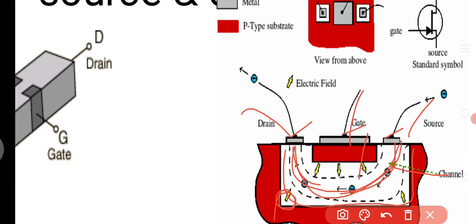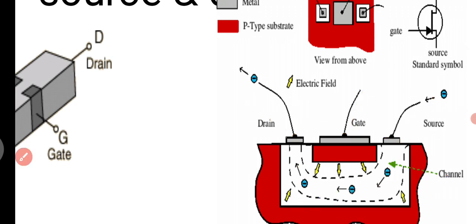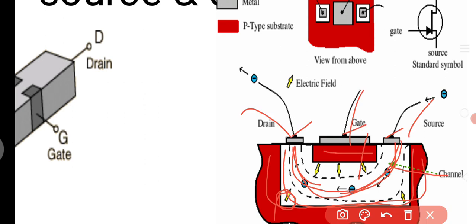Those three terminals are drain, gate and source. The red color indicates the p type substrate. This is the cross sectional view of the n channel. In the case of an n channel FET, broadly the red color mark indicates the substrate.